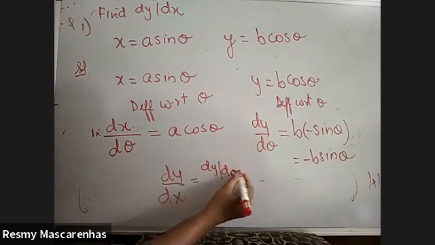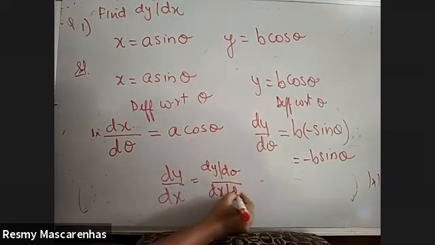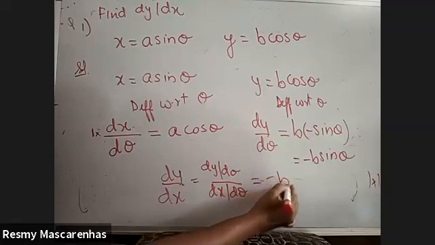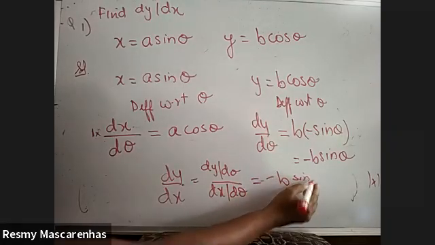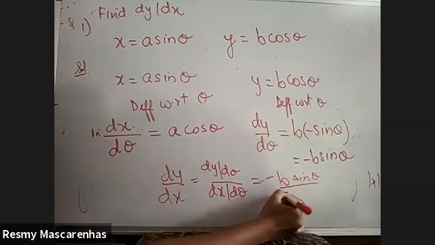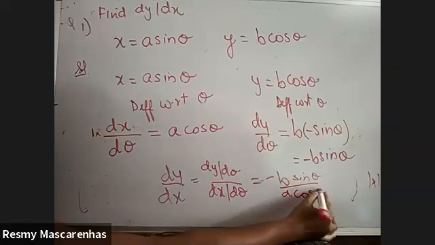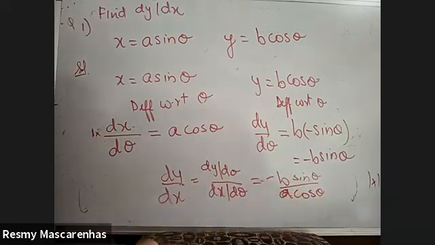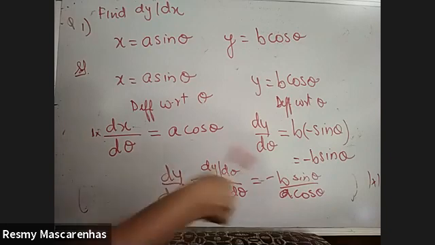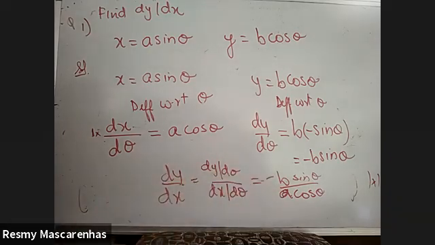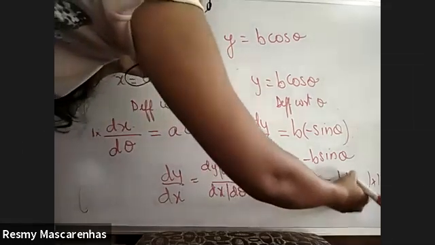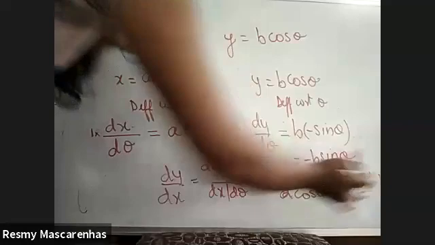Dy upon d theta upon dx upon d theta. So minus b sin theta upon a cos theta. This is your answer. Okay. So this is your final answer. If you want sin theta upon cos theta, you can write it as tan theta. So you can write it as minus b tan theta.